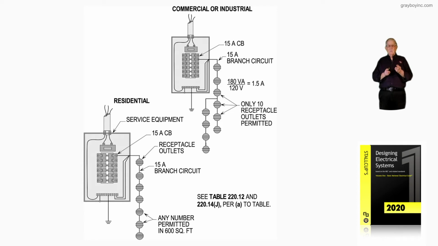Now the NEC would just allow as many outlets as you wanted to place on that 15 amp circuit within 600 square foot. If it was a 20 amp circuit, it'd be 20 times 120 volts divided by 3, and it'd be 800 square foot. But a lot of cities, as well as counties and states, don't go along with this.